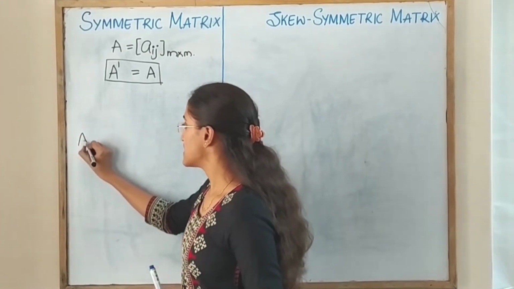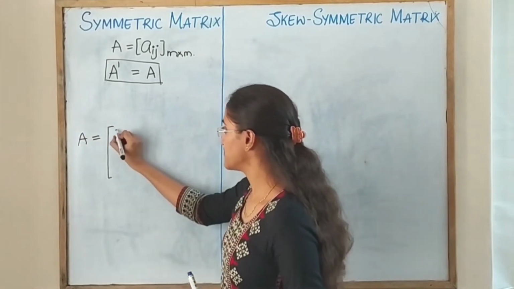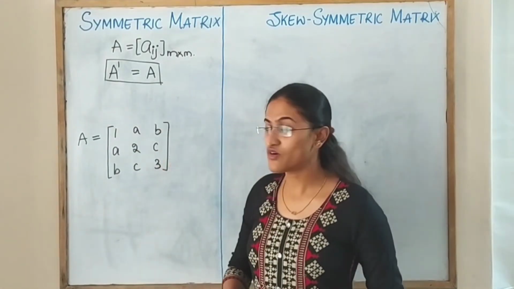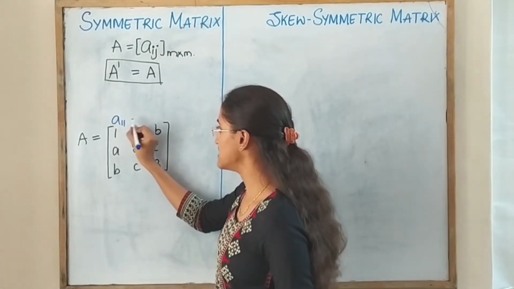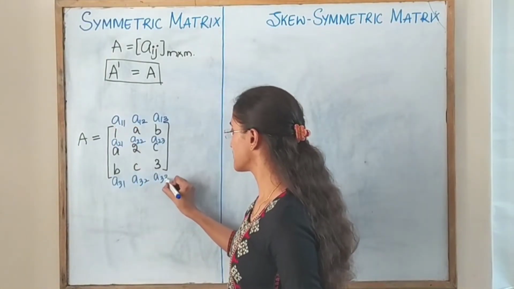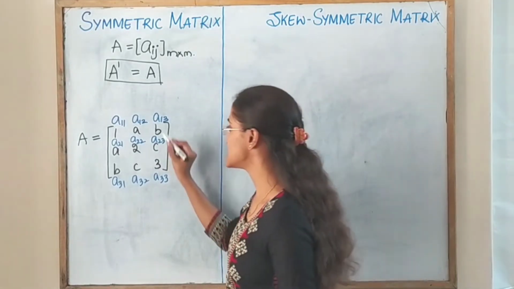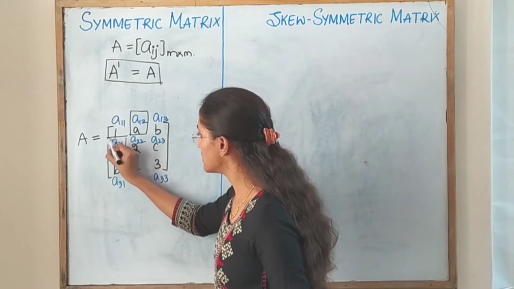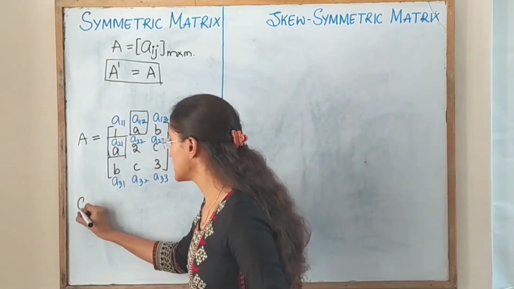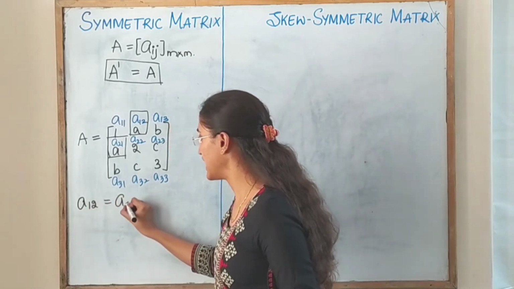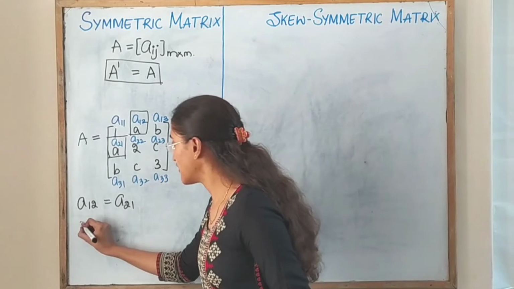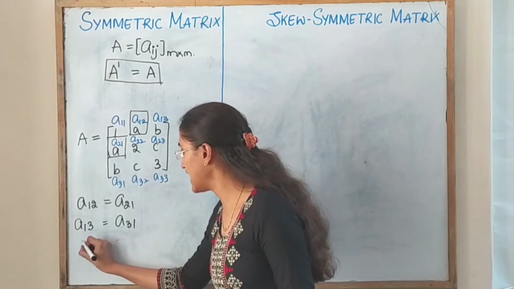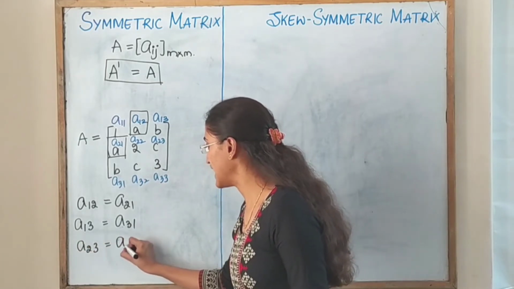For example, I shall take a square matrix A, and also I'll write the positions of the elements. Here you can notice that the element A12 is equal to the element A21. Similarly, A13 will be equal to A31 and also A23 will be equal to A32.